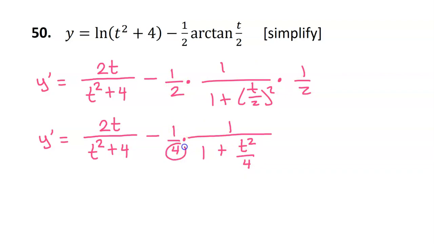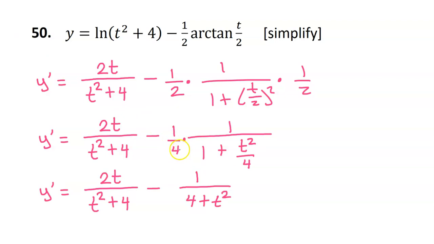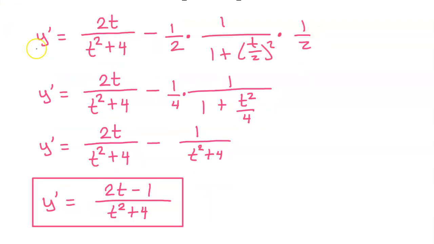Now we are going to take this 4 and distribute. 4 times 1 is 4, and when you multiply 4 times t squared over 4, the 4's cancel out and you are left with t squared. Of course, 4 plus t squared is the same thing as t squared plus 4. That gives us like denominators. So combining the two fractions into 1, we have 2t minus 1 over t squared plus 4.